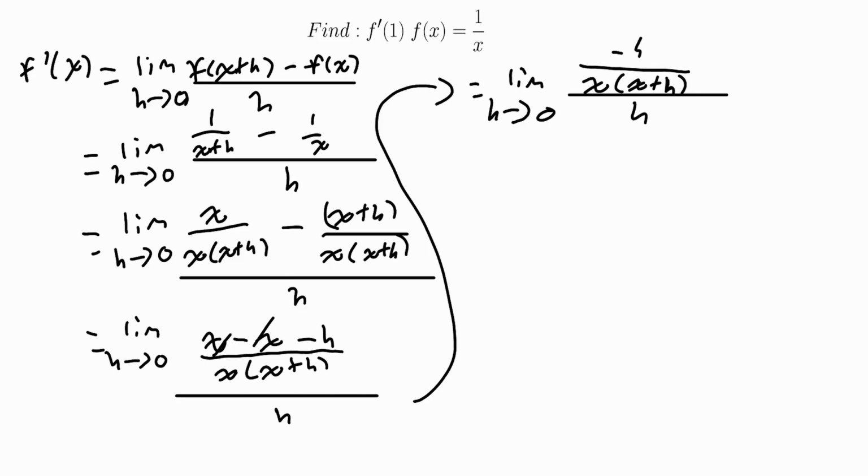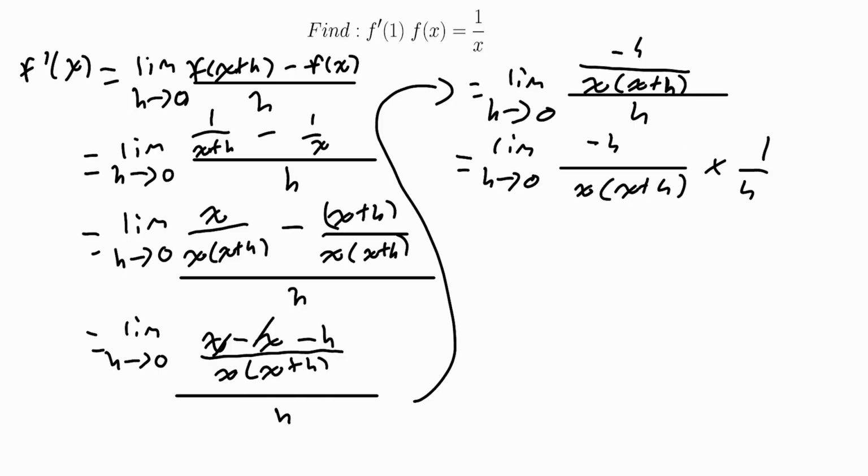And we have two very weird fractions, so let's turn this into something nice, like a multiplication statement, which will just be the limit as h approaches 0 of negative h over x times x plus h times 1 over h. And as we can see, our h's will cancel out.